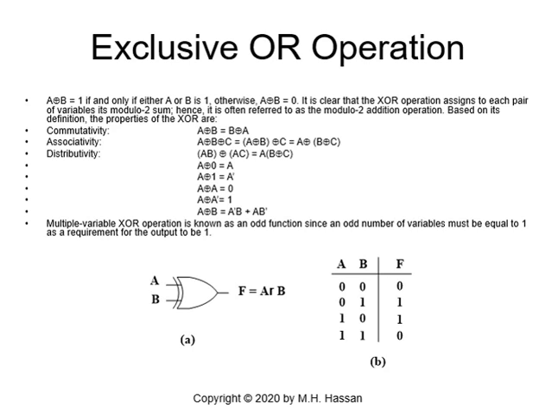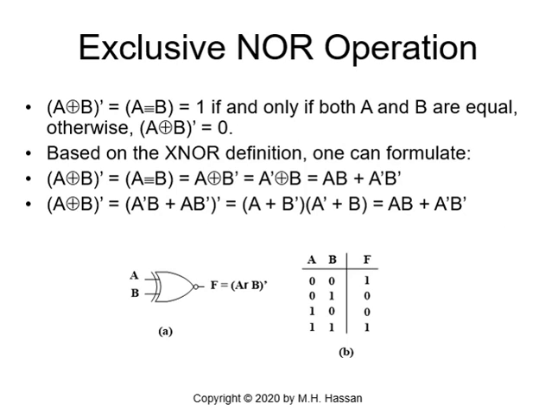The next slide will be exclusive NOR. The exclusive NOR, also known as equivalence operation, or exclusive NOR gate, or equivalence gate. So it is A exclusive NOR B, as you can see between parentheses, and there is the prime sign to signify complement.